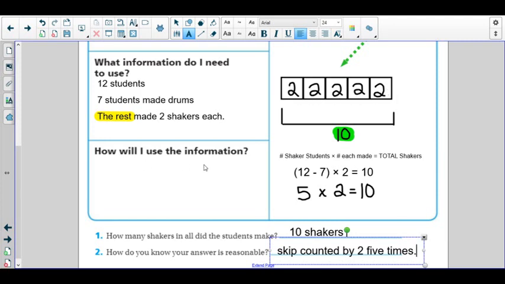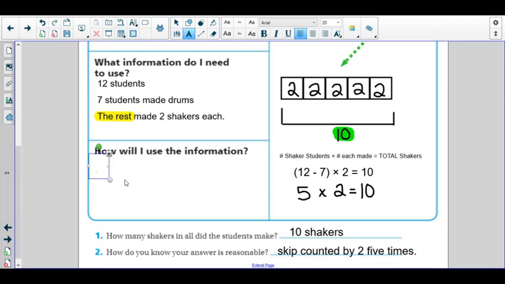So how will I use this information? This right here is a whole lot better than what I'm going to have to do right here and type this out. You do not need to write this out, but let me just show you.